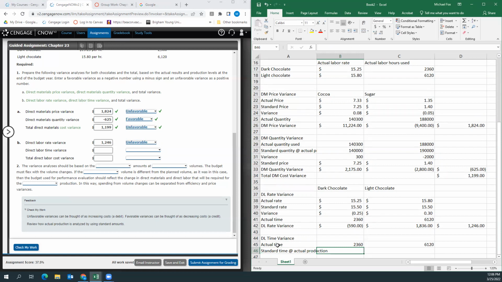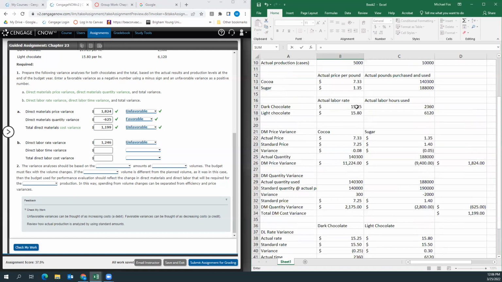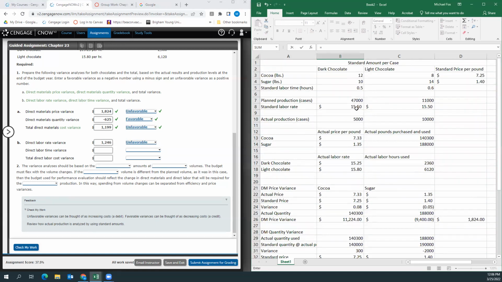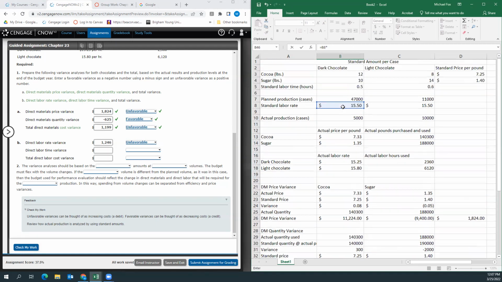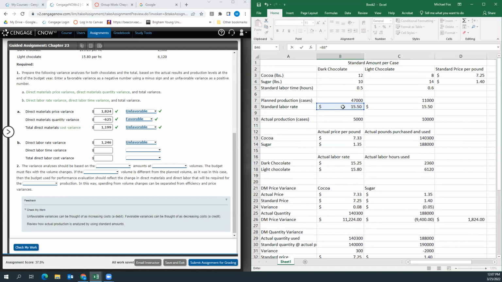So to do that, I'm just going to say this equals our standard labor rate of $15.50 times our actual, let's see, my standard labor time is $15.50 per hour, and I'm only using a half an hour per case.